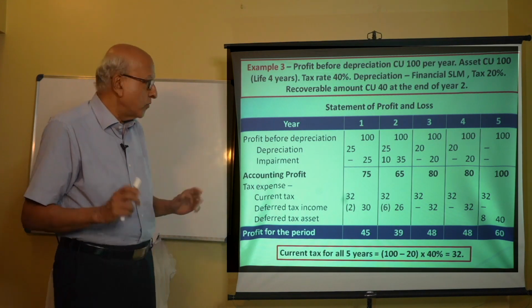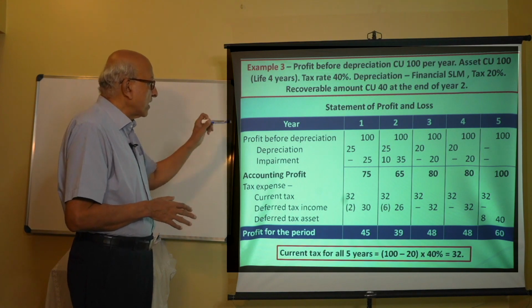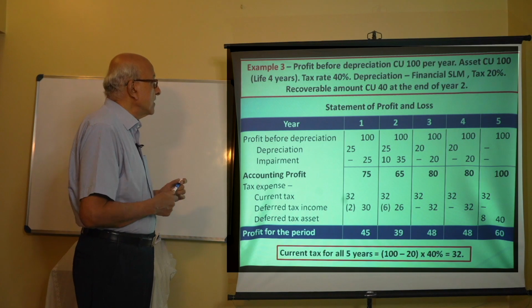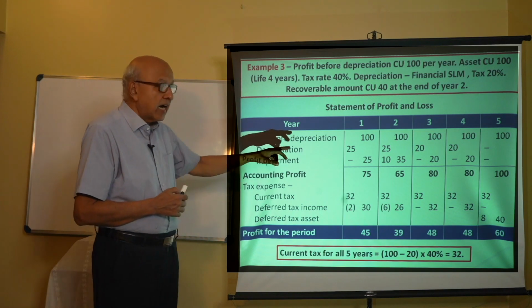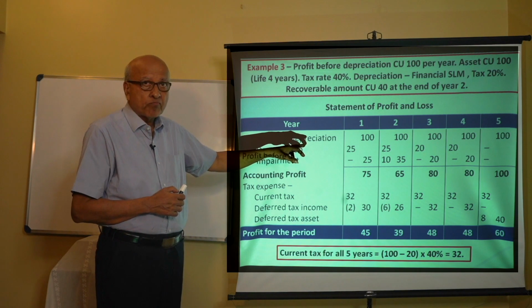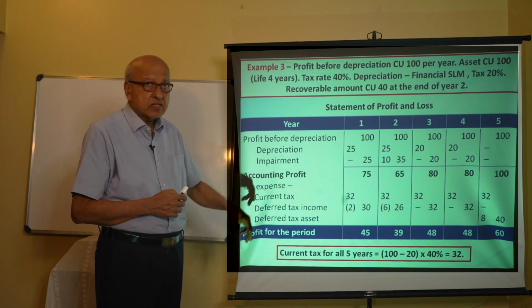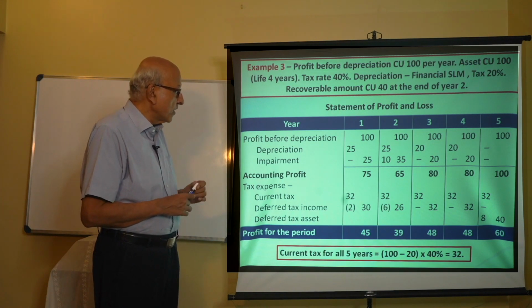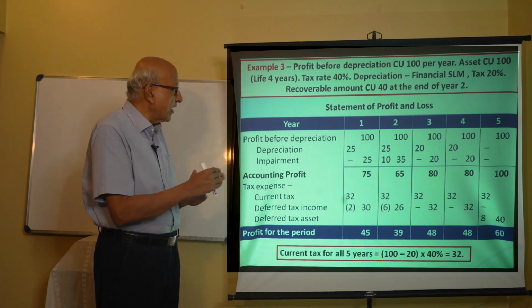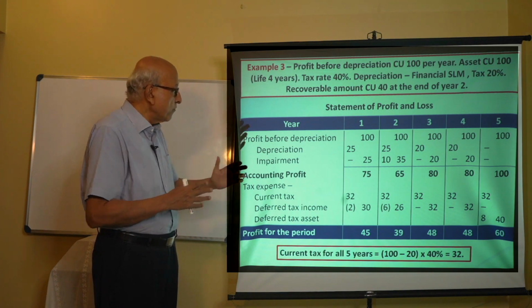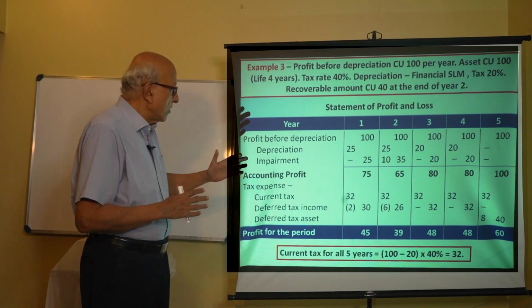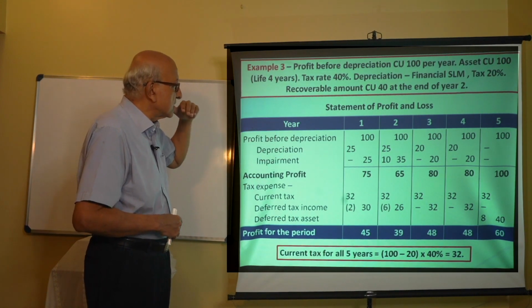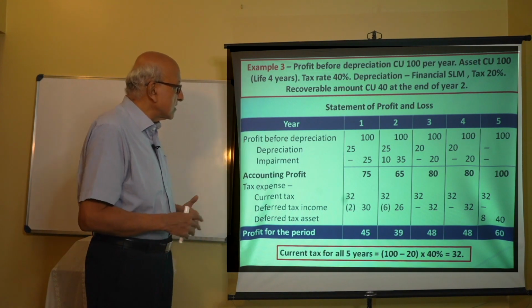Okay? Now, first year profit 100. Life is 4 years. That means for the first year they charge 1/4. 25% is 1/4, life 4 years. They charge 25 rupees as depreciation. Now you see, there is a difference between depreciation that is recognized and that is allowed.